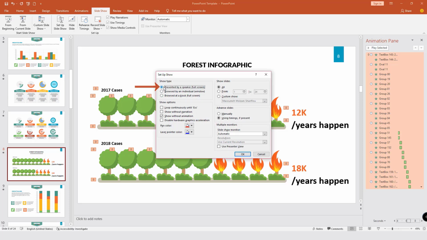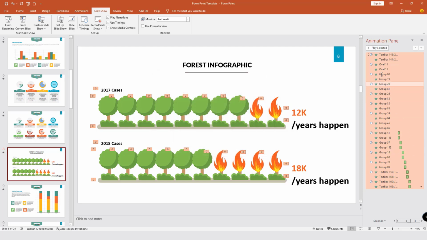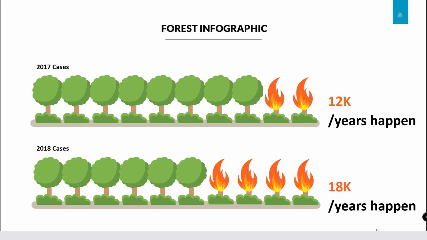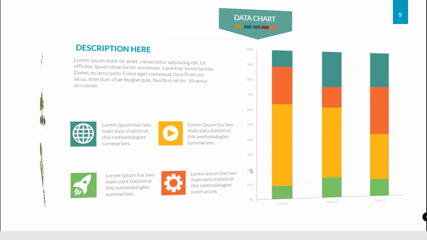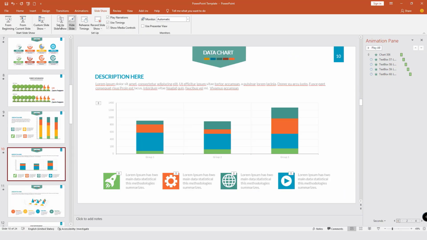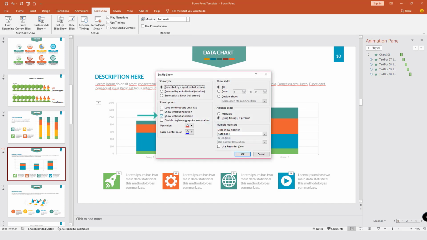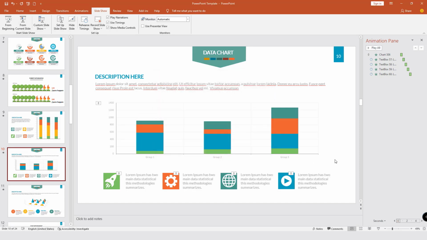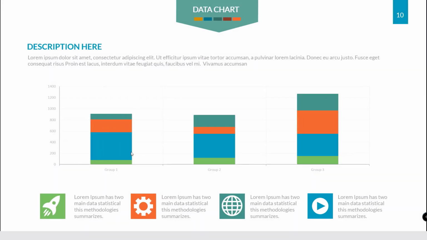As you see, slide number 10 has plenty of animations here, and the next slide as well. But when I click on show without animation and click OK, then look at the output, all elements appear together. Actually, the animations don't display.